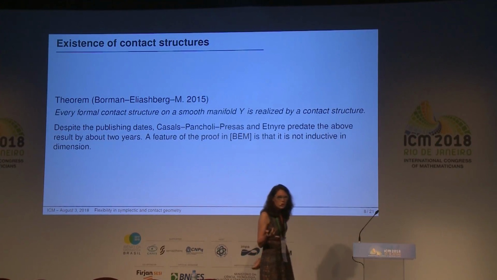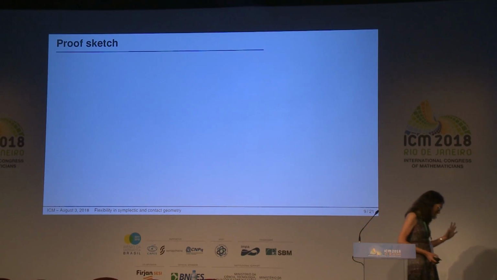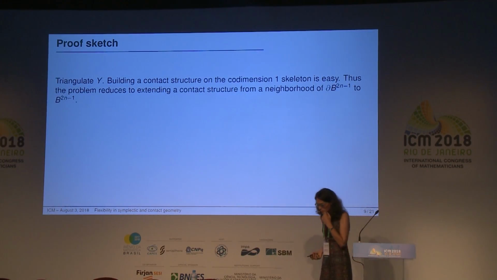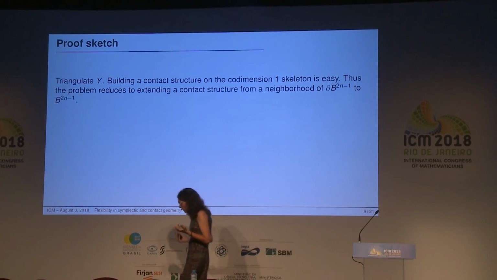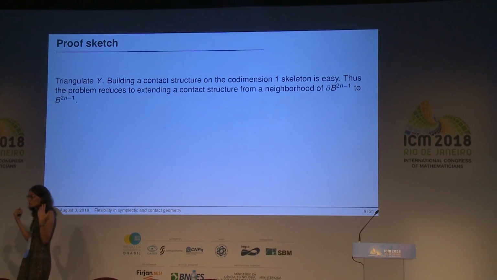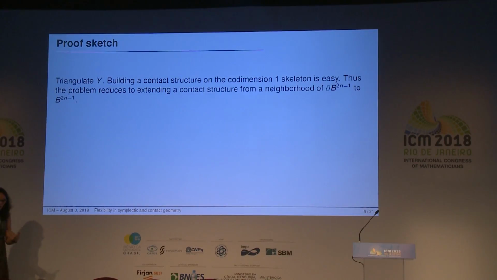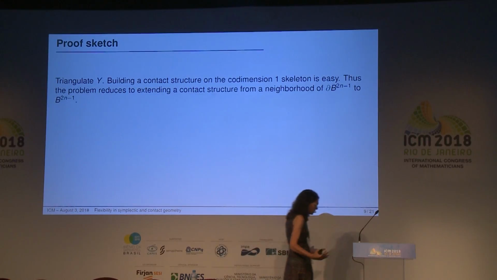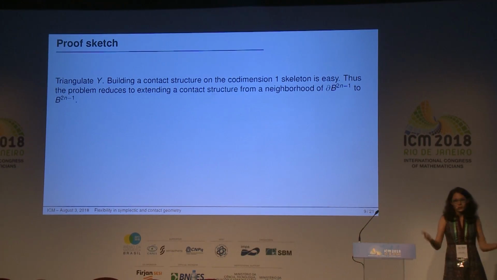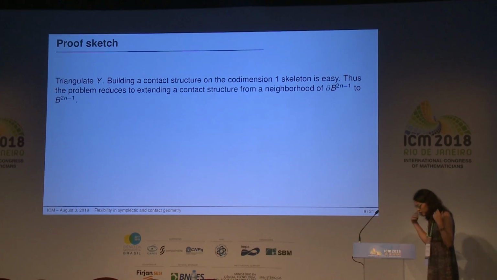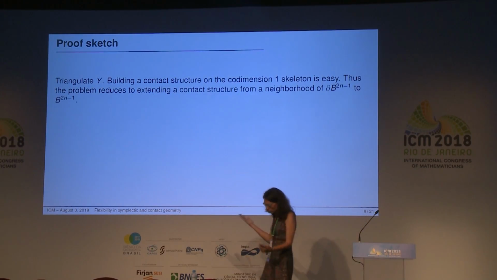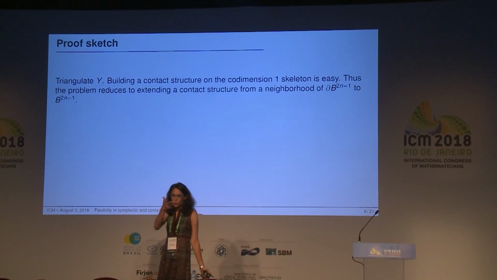Okay, so now I'll give a very vague sketch of the proof. The first thing to understand is that building a contact structure on some subset is an easy thing to do. So the first step is I can just triangulate the manifold, and then on a codimension 1 subset, it's easy to do, basically because in order to be a contact structure, the hyperplane field needs to twist enough.